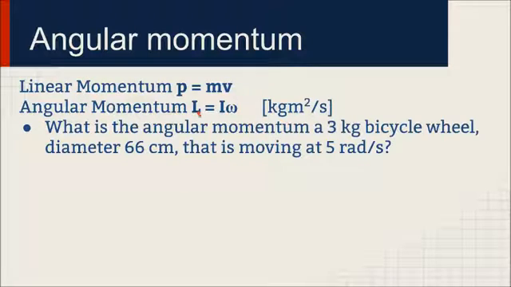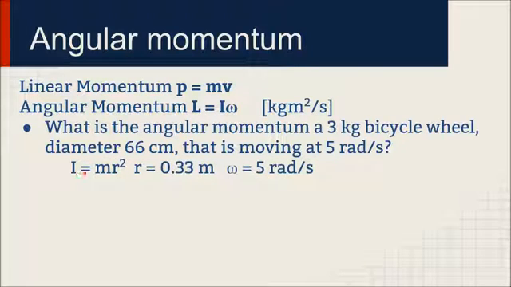In order to get the angular momentum, we of course need to list the I. And now this is a wheel, so we're going to use the first one, the thin hoop rotational inertia, so mr squared, and r is 0.33. Remember, we have to halve the diameter and then move the decimal over twice, and then omega is 5 radians per second.